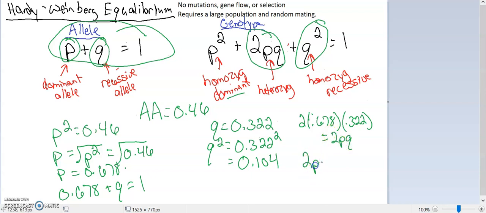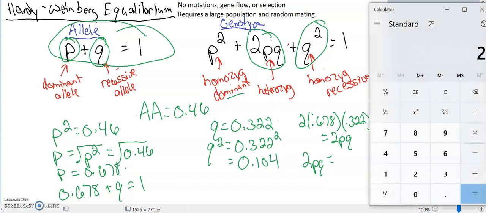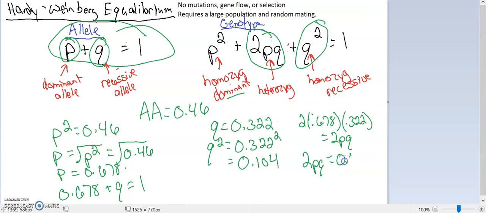So 2pq is going to be equal to 2 times 0.678 times 0.322, which gives us 0.437.